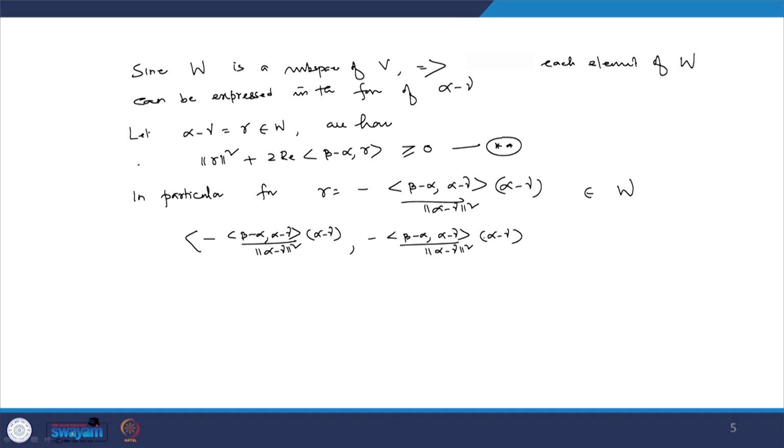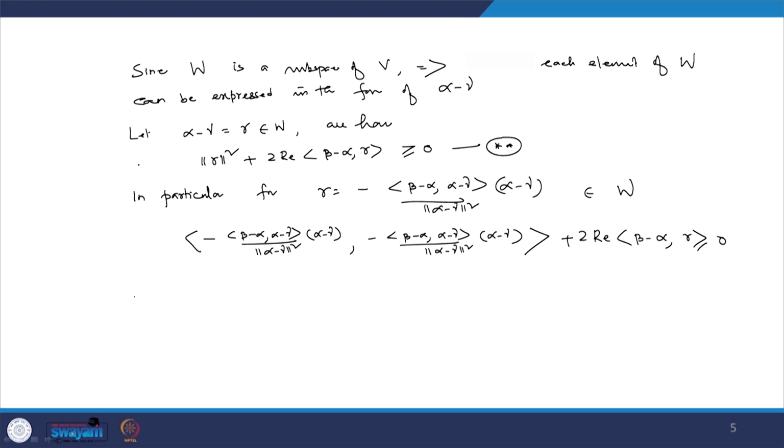Okay. So norm of r square equals the inner product of these two vectors, plus 2 times the real component of again beta minus alpha and r, is greater than or equal to 0.